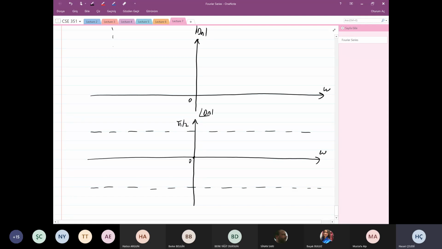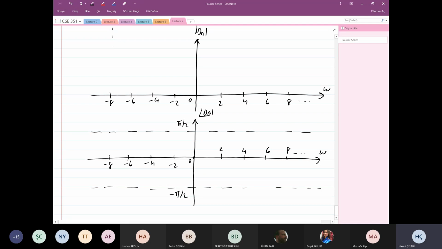Okay, this is pi over 2, this is minus pi over 2. We have 2, 4, 6, 8. Similarly 2, 4, 6, 8 for the negative: minus 2, minus 4, minus 6, minus 8. And we have minus 2, minus 4, minus 6, minus 8.